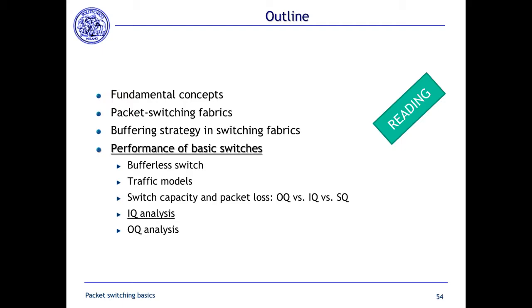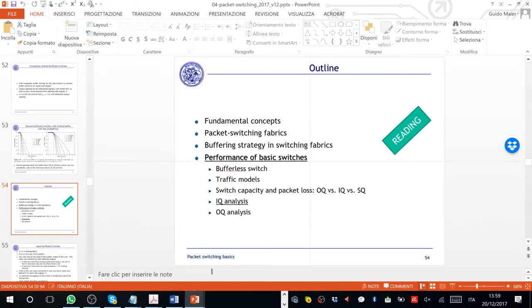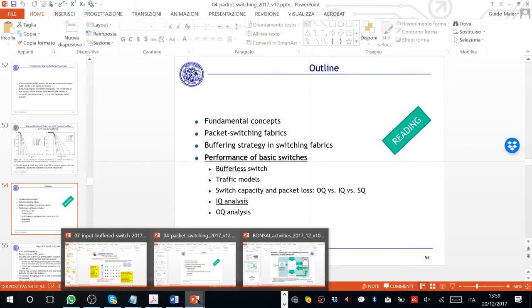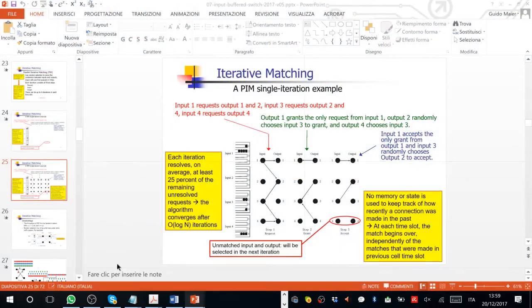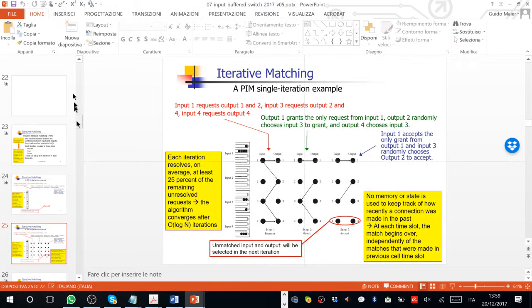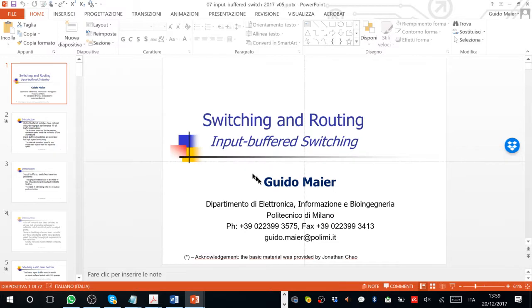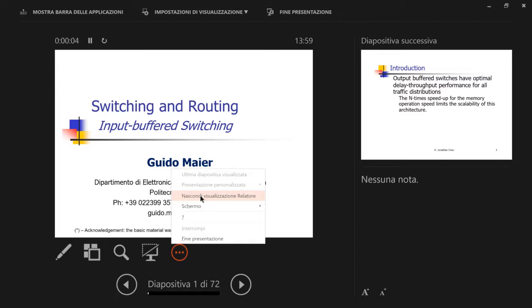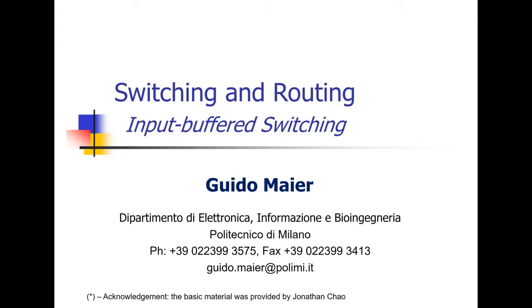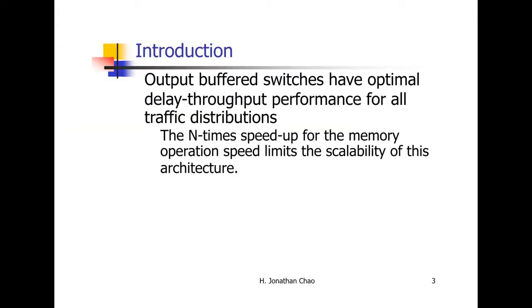So as a final topic, I would like to quickly go through the input buffering switch, and more in particular some elements to design a virtual output queuing mechanism.